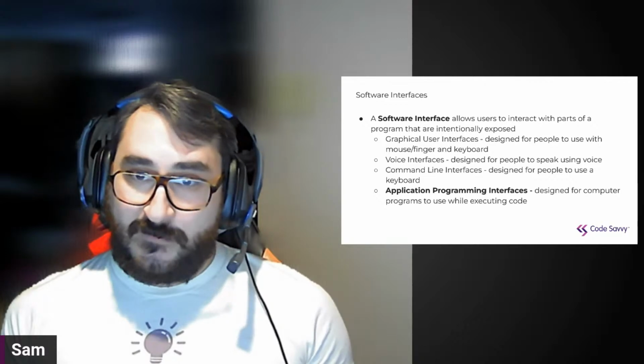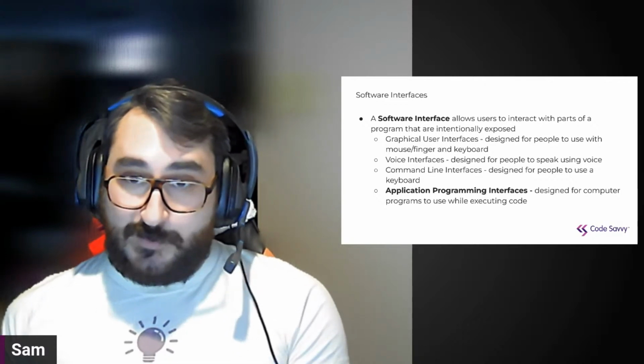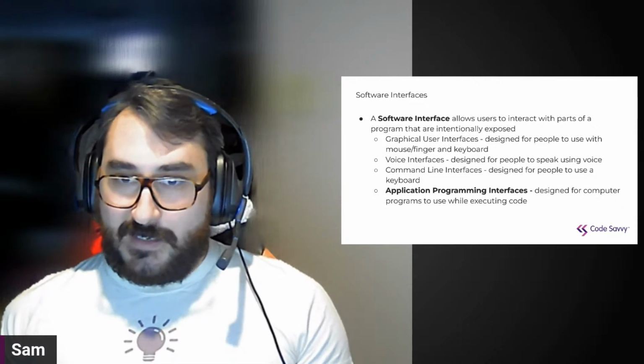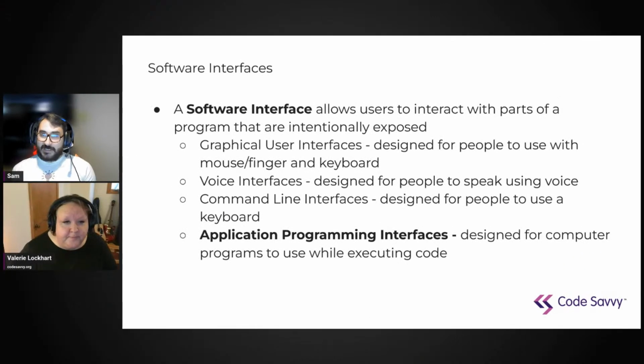There's voice interfaces. Back before smartphones, you might have had to call the bank and verbally say your bank account number, and it would tell you your balance, things like that. There are command line interfaces designed for humans to use in a terminal or a command prompt, and they're typing out commands.